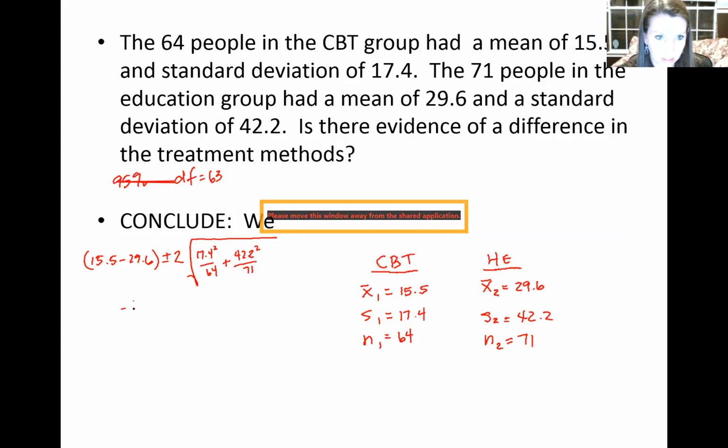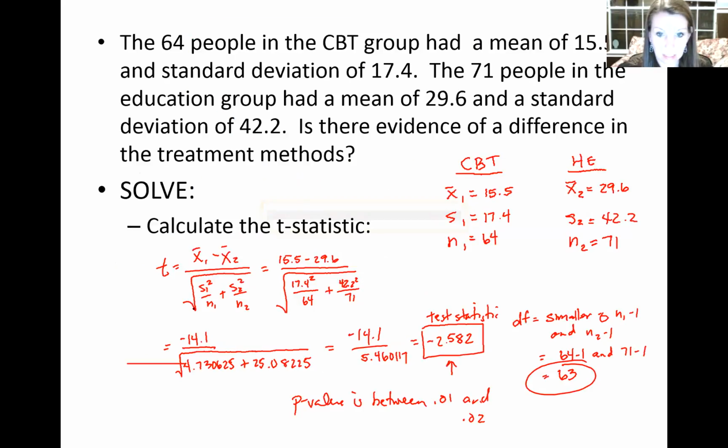So I get negative 14.1 plus and minus 2 times, and like I said, this is actually the same number here that came from the denominator over here.